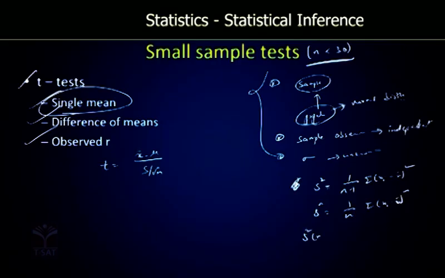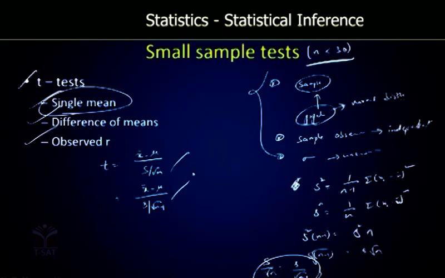Capital S square into n minus 1 is equal to small s square into n. When you take the square roots, capital S into under root n minus 1 is equal to small s into root n. Now capital S by root n is also equal to small s by under root of n minus 1. We can write this as x bar minus mu by small s by under root of n minus 1. We can use either of these two formulas.